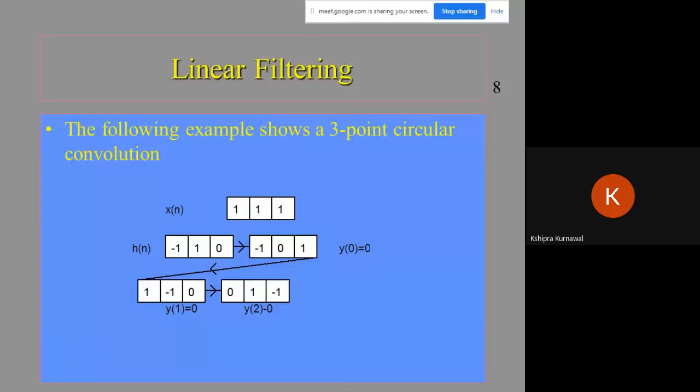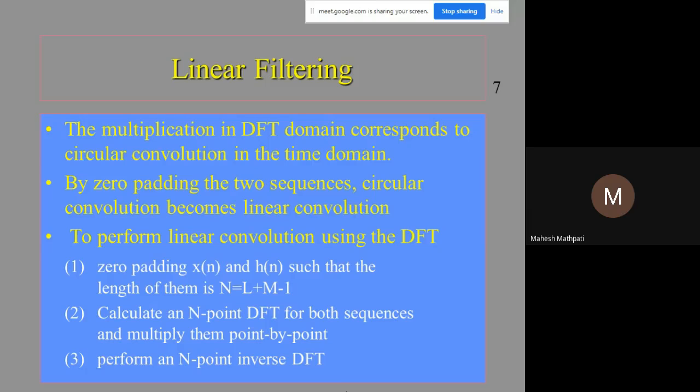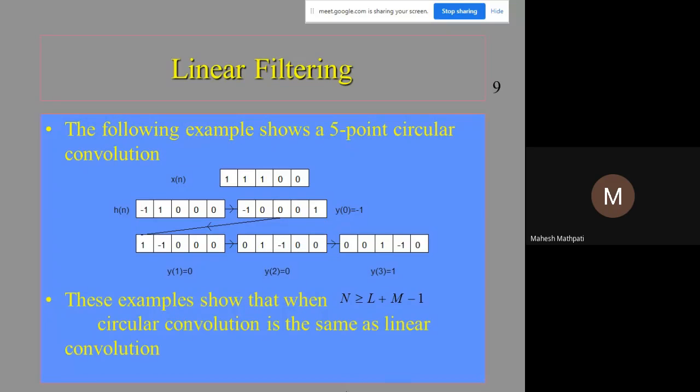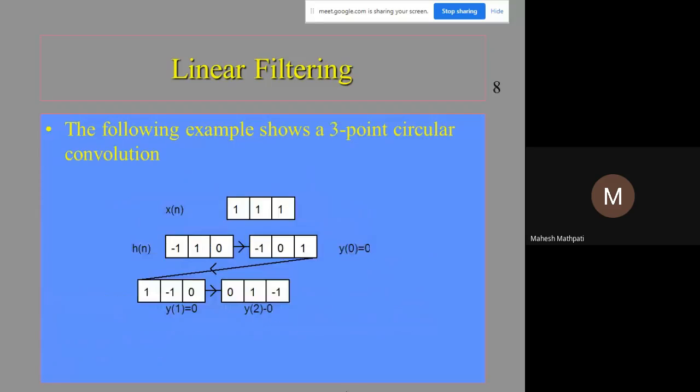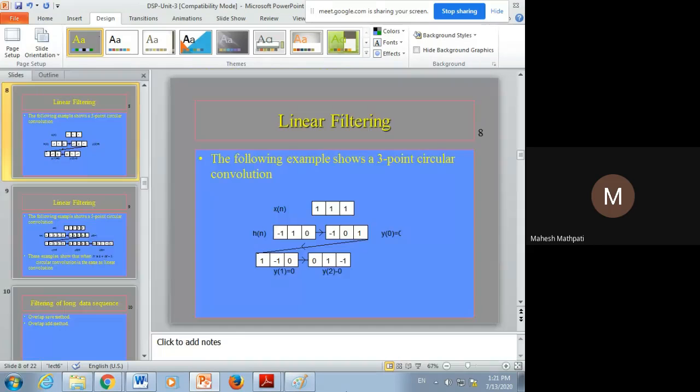Yes sir. Now let us take one more example. For the same sequence, calculate the answer for a 3-point circular convolution. Just note down x of n and h of n, and calculate it for 3-point circular convolution and 5-point circular convolution. Have you noted the question?